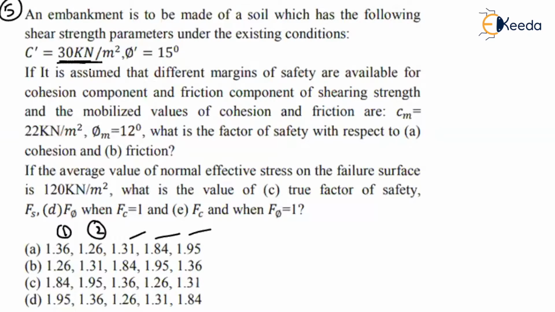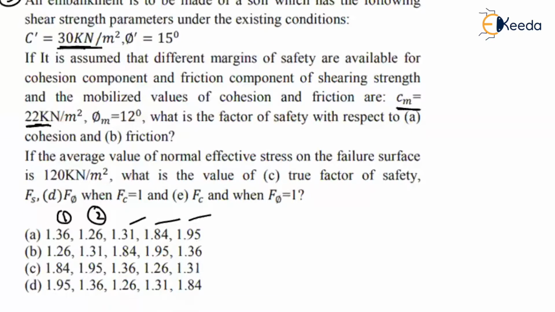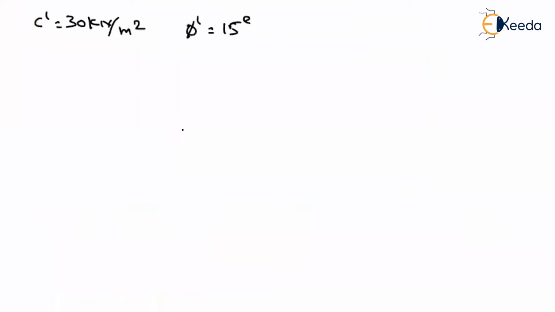Instead of using the complete amount, with some factor of safety we decrease it to some mobilized values. That means we will check only up to Cm is 22, phi m is 12. So the mobilized values are: Cm equal to 22 kilonewton per meter square and phi m equal to 12 degrees.